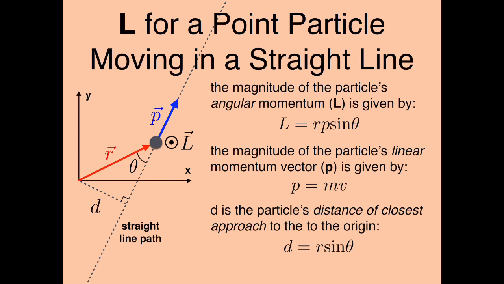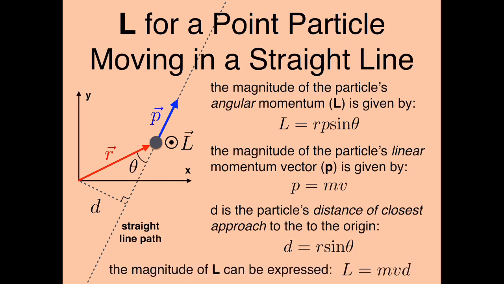And if we notice that we have r times sine theta in the original formula, and again make this substitution for p, we can see that the magnitude of the angular momentum of this particle is given by m, that's the mass, times v, that's the speed, times d, that's the distance of closest approach. So even though this particle is moving in a straight line, it still has some angular momentum. And that's how we calculate it.